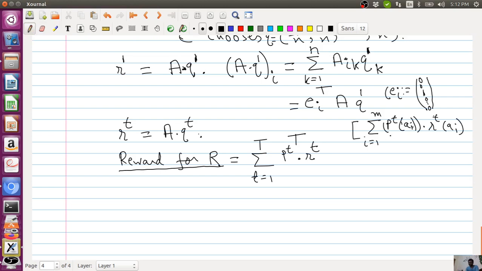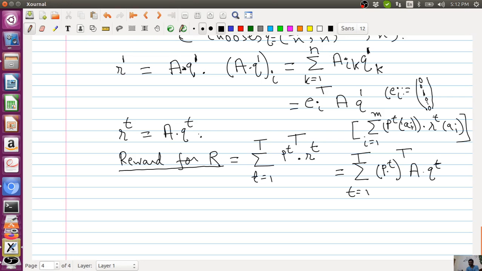So the probability of the ith action times the reward value of the ith action, and this is basically the dot product, the inner product of the vectors Pt and Rt, which is Pt transpose Rt, and this is equal to, since Rt is A times Qt, Pt transpose A times Qt.